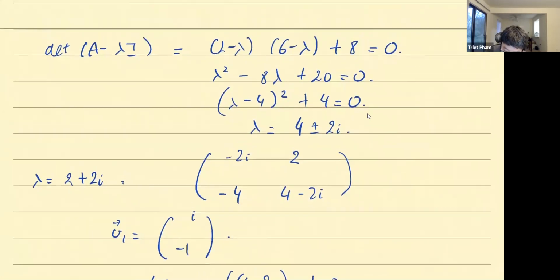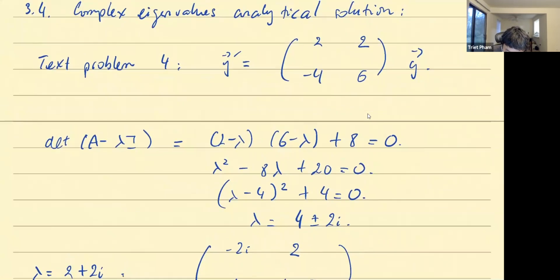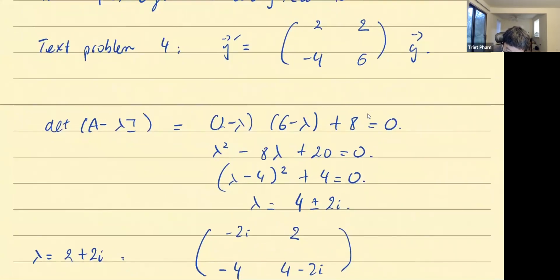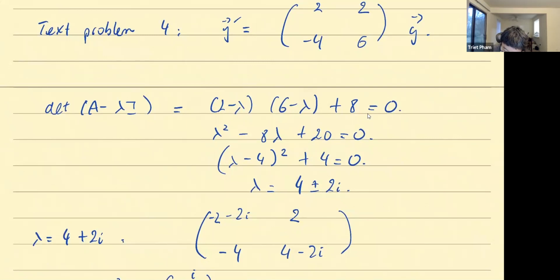All right. So plug in, we got minus. So this is going to be 4. And this should be minus 2, right? Minus 2i. And then that should be 2 minus 2i. Right? Okay.